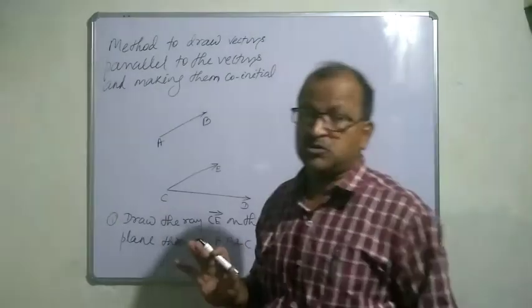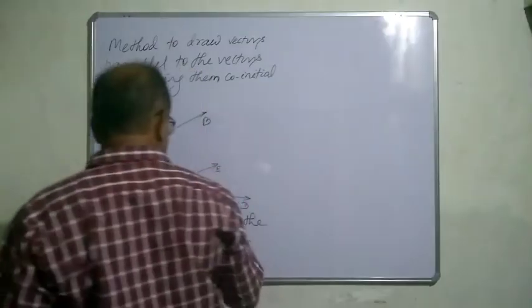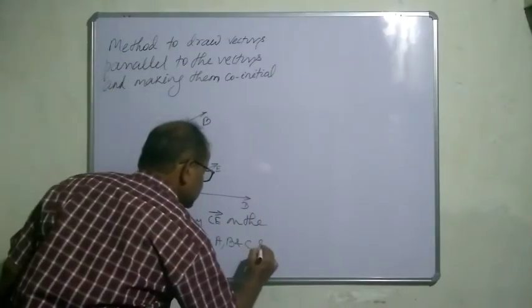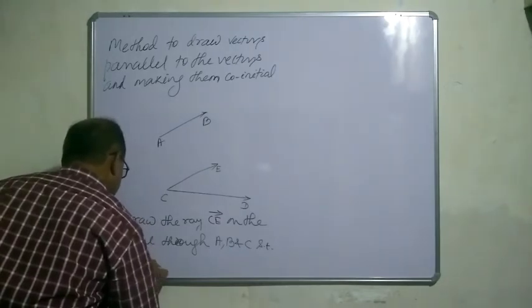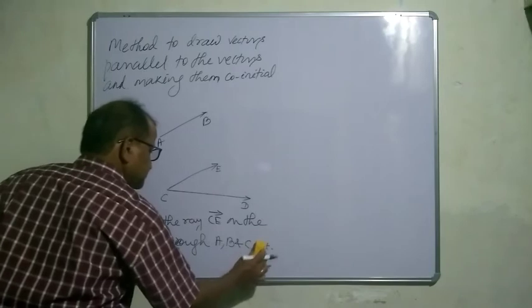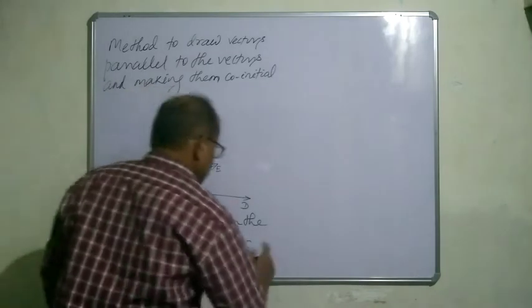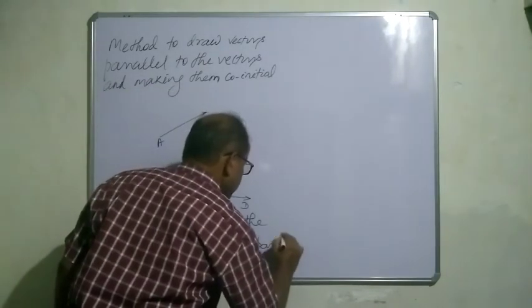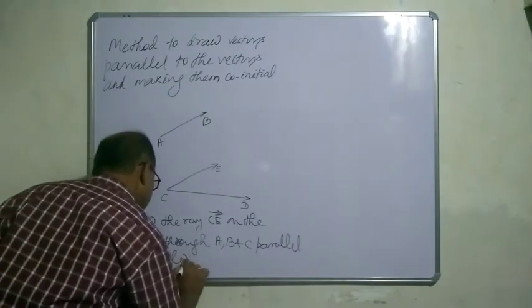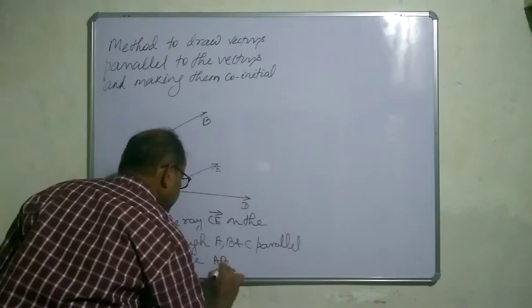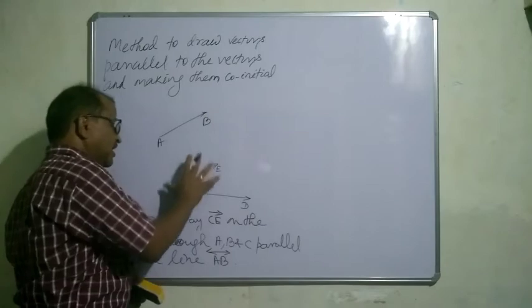This is the construction only. So that CE is drawn such that it is parallel to the line AB, right? Making it parallel, draw CE.